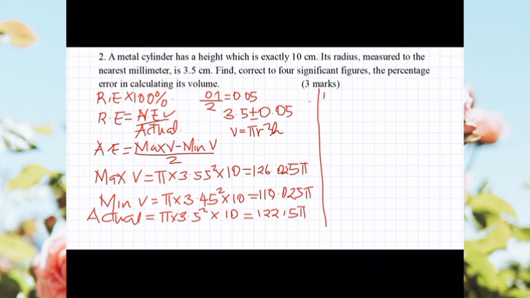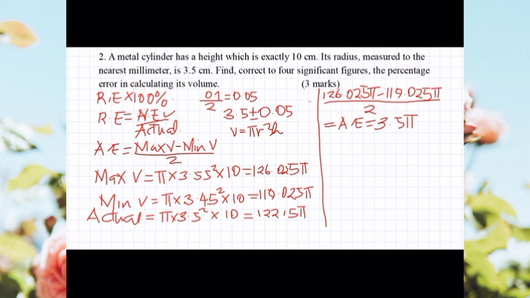And first, before we find the relative error, we get the absolute first. So we take the maximum, 126.025 pi. We take away the minimum, which is 119.025 pi, and then all these we divide by 2. So when we work that out, we find that our absolute error here is equivalent to 3.5 pi.